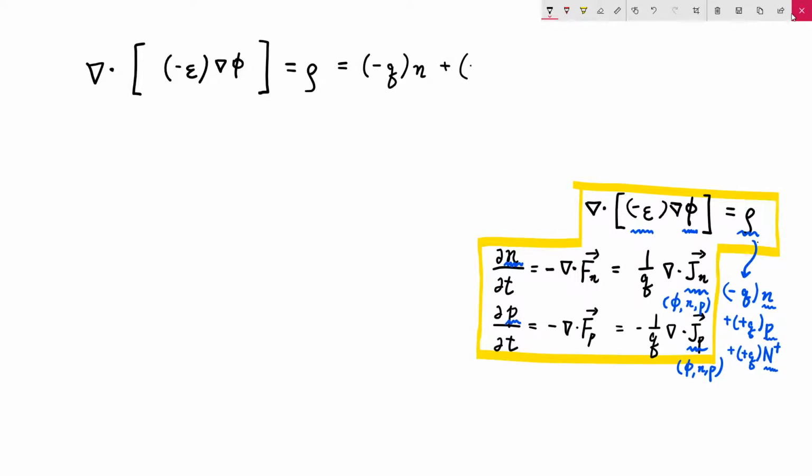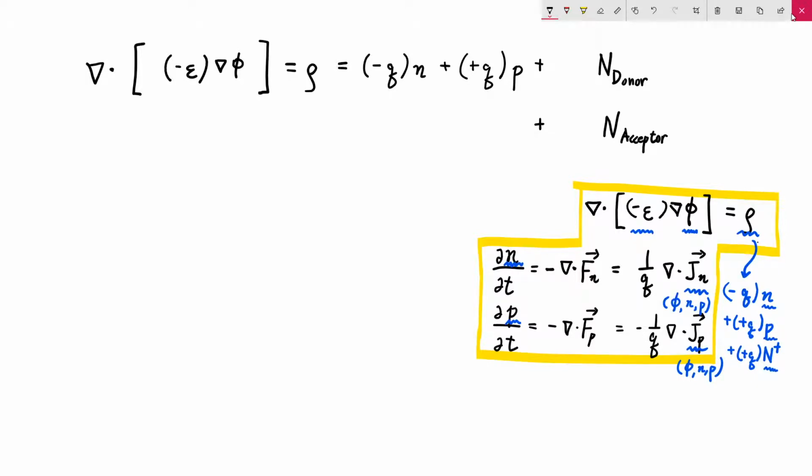And now you can consider the contribution from holes. Then how about the contribution from, for example, donors? And how about the contribution from acceptors?